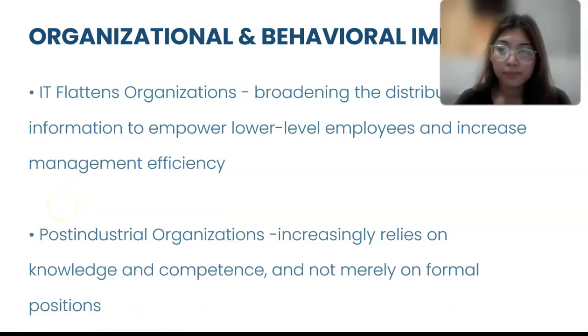It helps push the decision channel, enhance customer response, and improve the accountability of the worker. Second, the post-industrial organization increasingly relies on knowledge and competence and not merely on formal positions. This focuses on the characteristics of the manager. It achieves the objective of the company by inspiring and developing visions of the company.